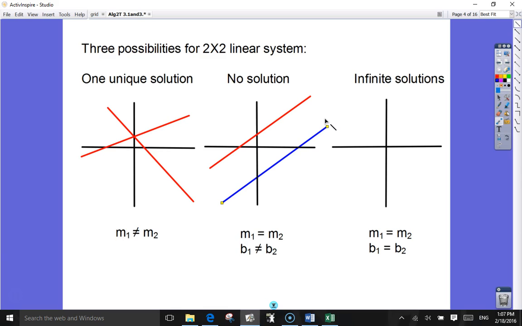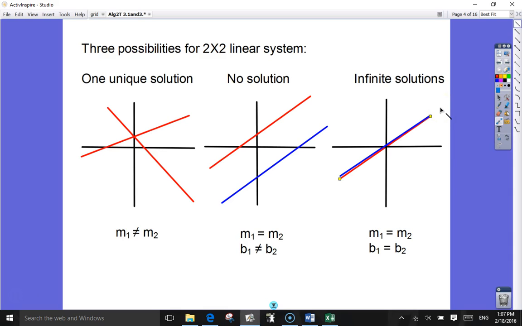What if they had the same slope and the same y-intercept? It'd be the same line, right? That would be this situation here. When both lines have the same slope and the same y-intercept, then they are the same line. Trying to draw those right on top of each other.